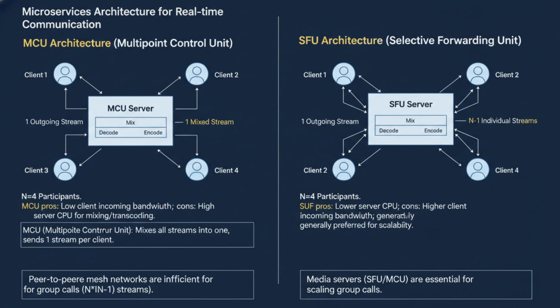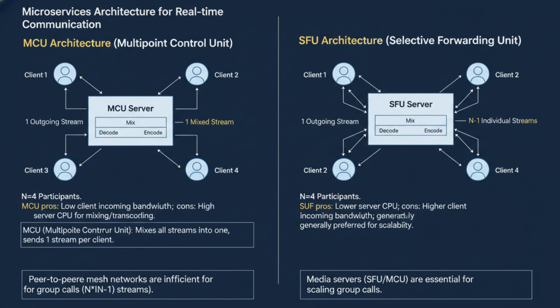For a call with n participants, each client would need to manage n-1 outgoing and n-1 incoming streams, leading to a total of n times n-1 streams in the network. This quickly overwhelms client-side bandwidth and processing power, making group calls impractical without a media server. This is where media servers, specifically SFUs and MCUs, become crucial.